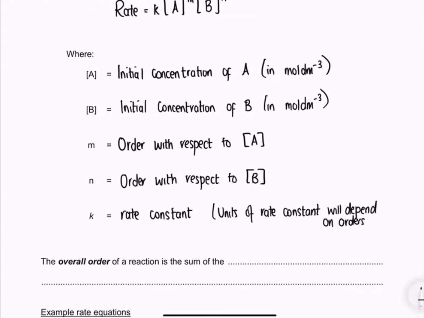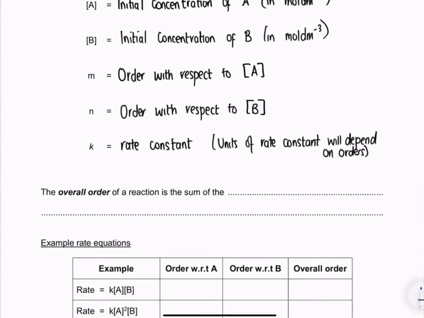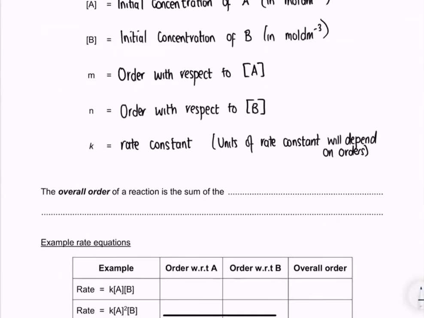It will depend what those powers are. So the overall order is another term that we might come across, and that is just the sum of the orders. So if we've got m and n as the numbers 2 and 1, then the sum of those would be 3.